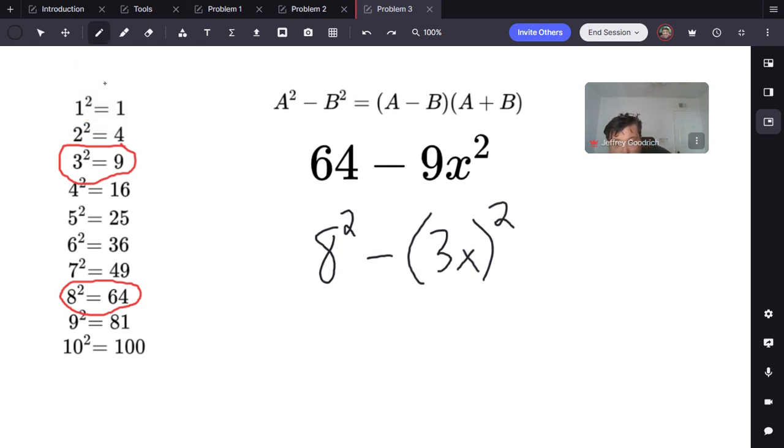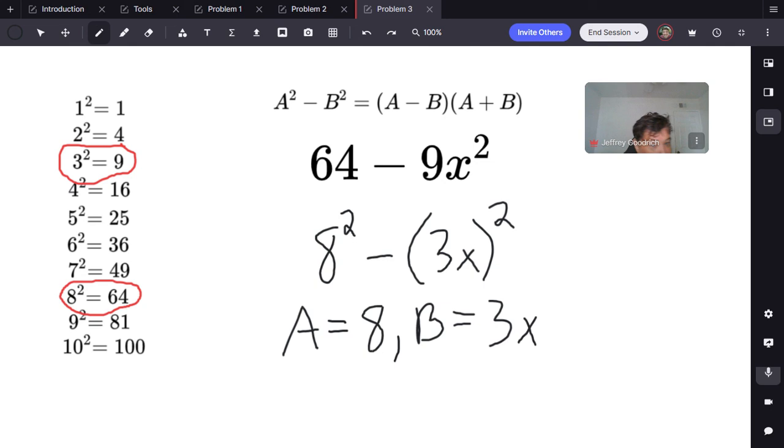Now, our a in this case is not 3x. Our a is just the first term that's being squared, and that's the 8. But our b is now going to be the second term being squared. It's 3x. So even though it looks different, it's still the same process. We're not changing it up. And now that we have identified our a and our b, we're just plugging it right into here.